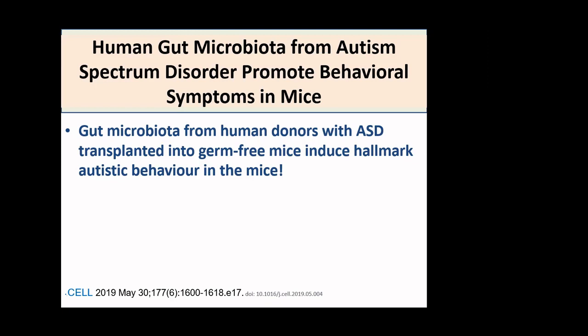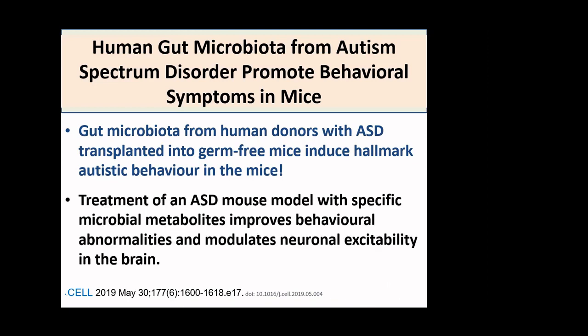Which means you can transfer autistic behavior by transferring the gut microbiota from ASD human donors to germ-free mice. The next thing they did was treat the mice that had developed ASD behavior with certain microbial metabolites.